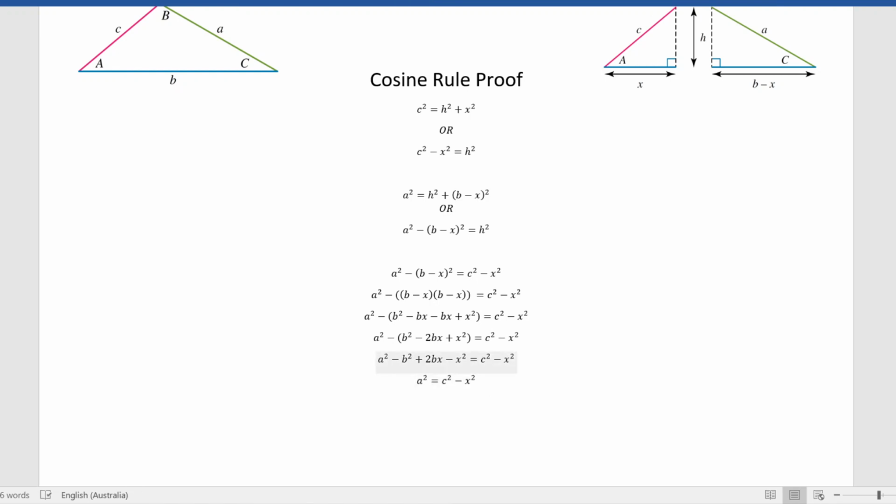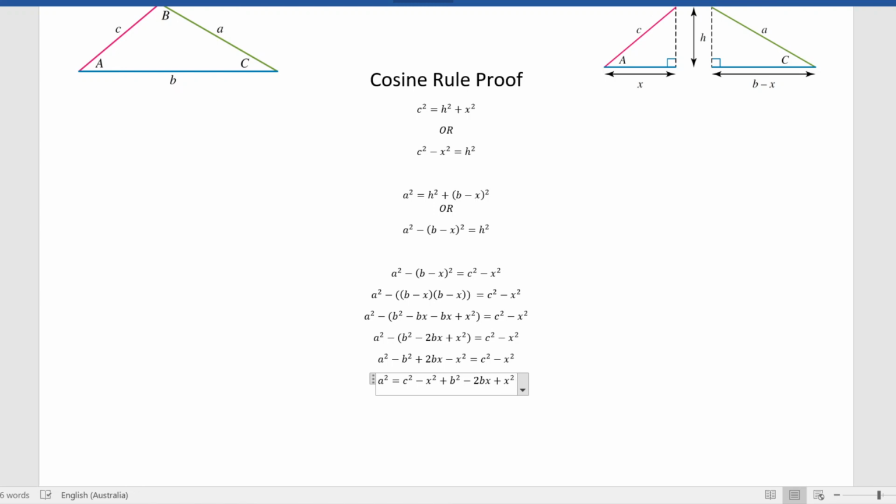Going over the other side, minus b squared would become plus b squared. Next up, plus 2bx would be minus 2bx. And then finally, I've got minus x squared, which is going to become plus x squared.